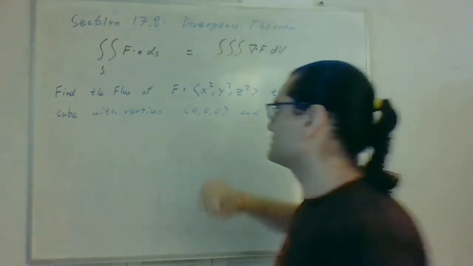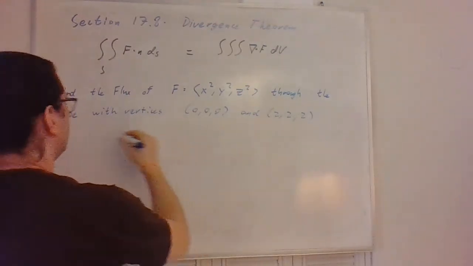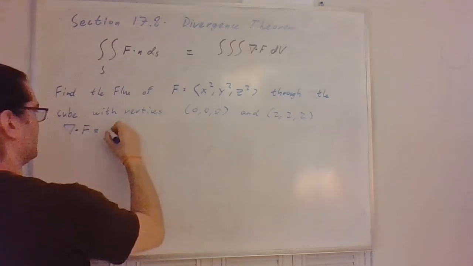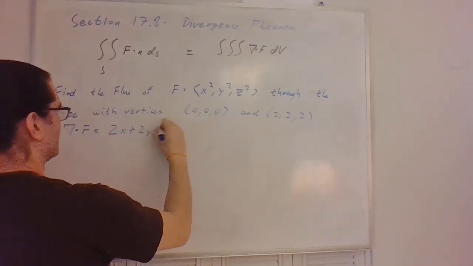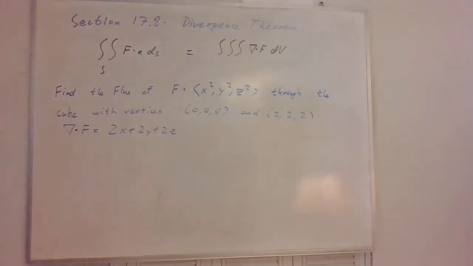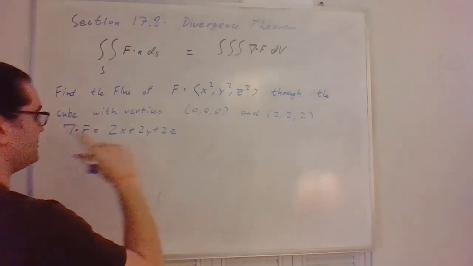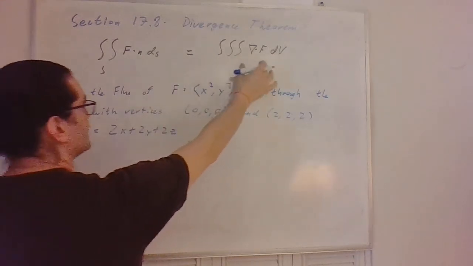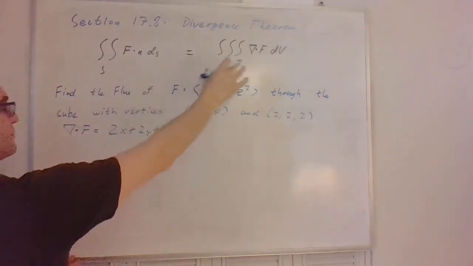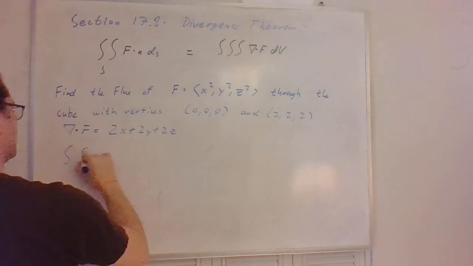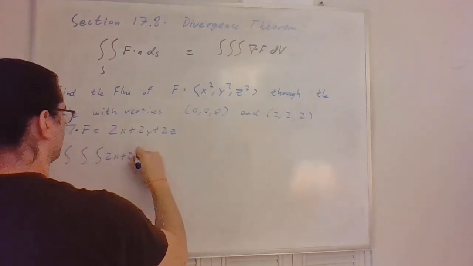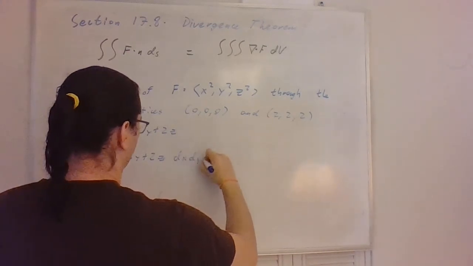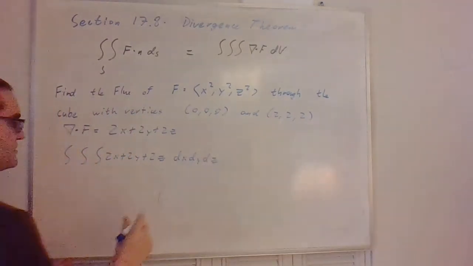Instead of all of that, I'm going to do the divergence of F. Divergence of F is 2x plus 2y plus 2z. And then the flux integral is the triple integral over the volume of this. So we're just going to do this triple integral, 2x plus 2y plus 2z, dx, dy, dz. Seems like a good order to do this in.